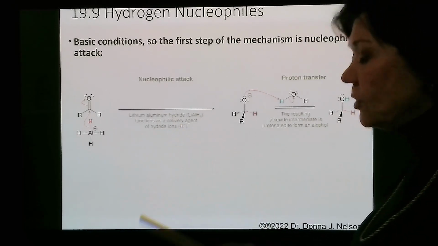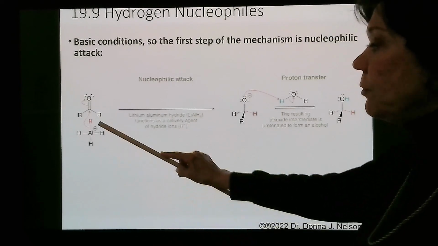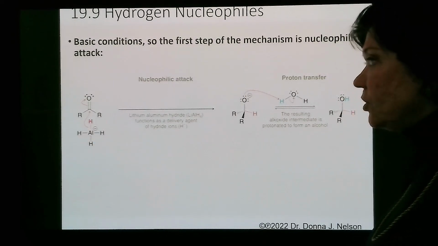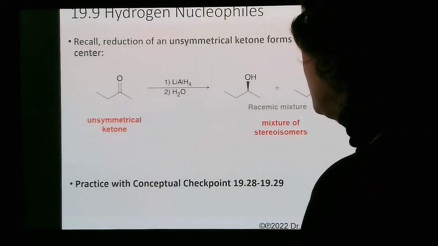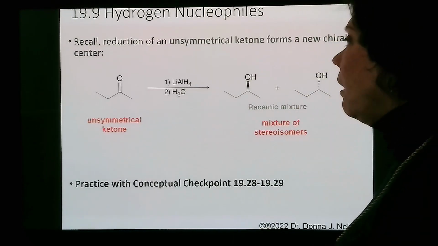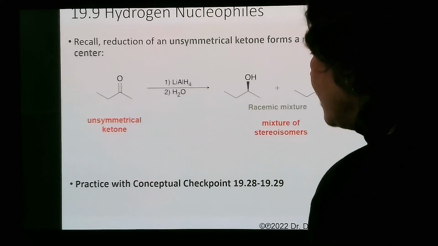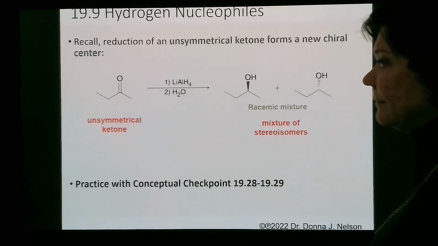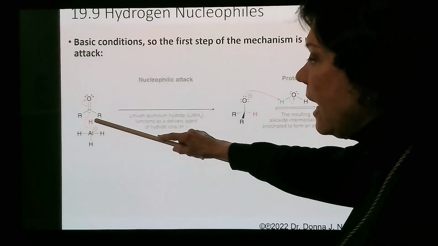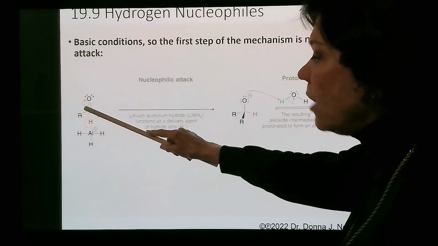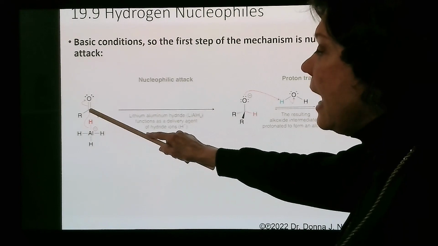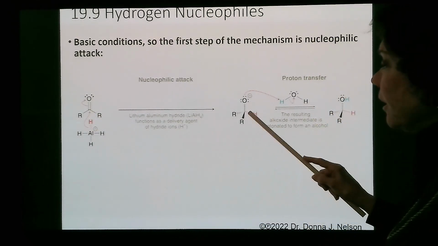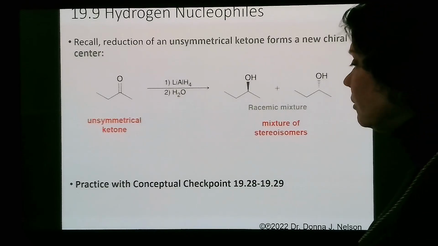It's an analogous mechanism for sodium borohydride. So just think of both of those compounds as furnishing H-. When that reaction does occur, remember that H- can come in either from the top or from the back side. And so both stereoisomers are possible.